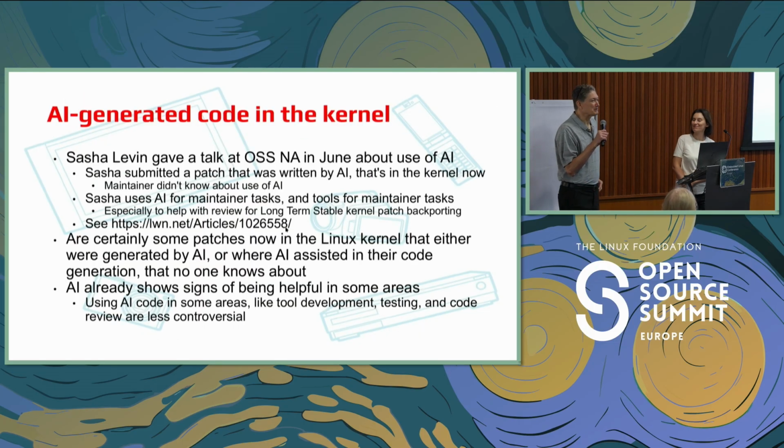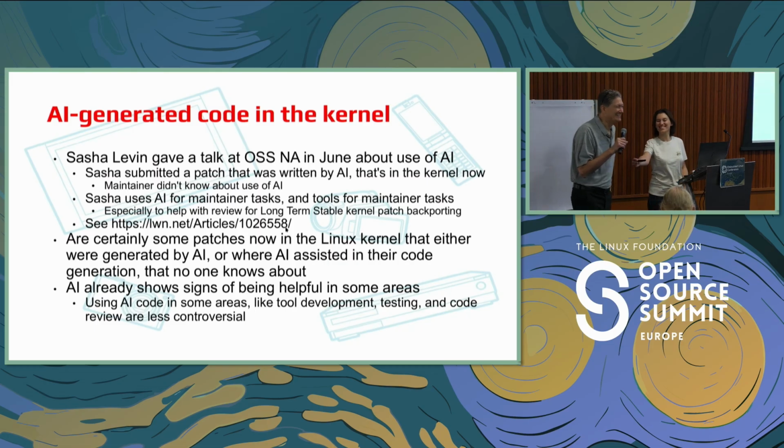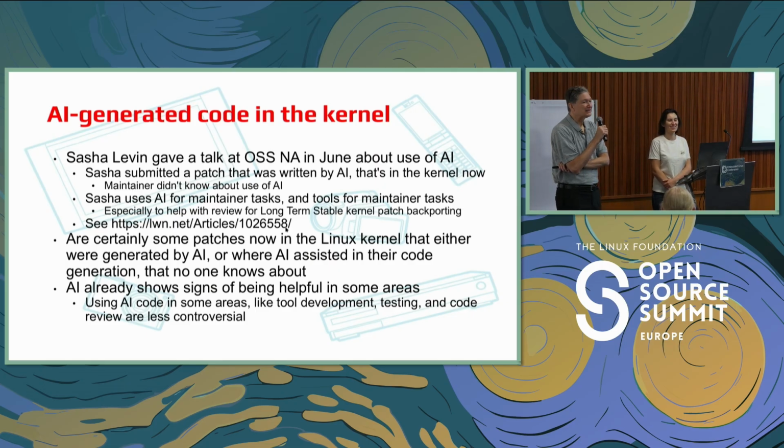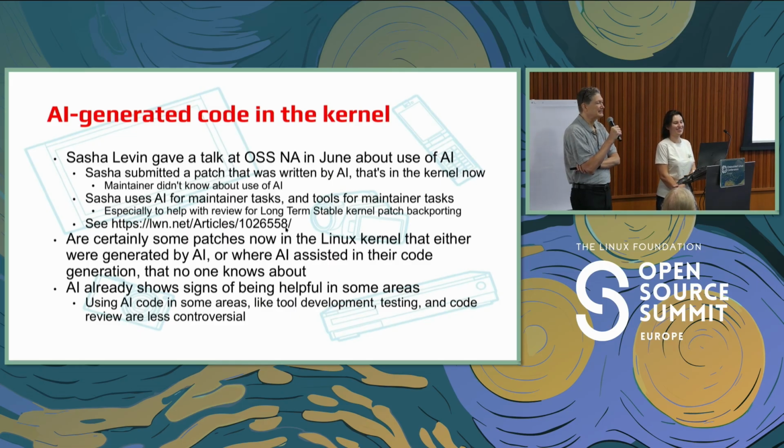So let's talk about an upcoming topic. There was a talk in Denver at Open Source Summit North America that I think surprised a lot of people. Sasha Levine, who's one of the top maintainers, he primarily focuses on the long-term stable trees and backporting fixes to that, said that he had submitted a patch that he used AI to write.